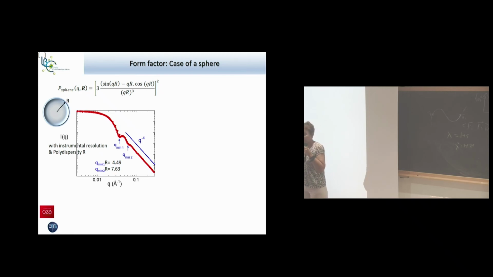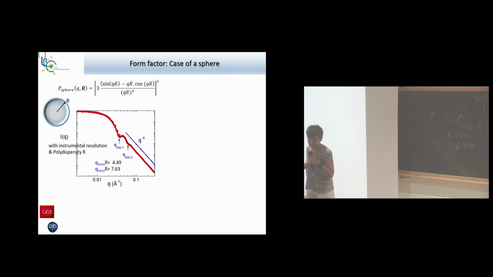But the instrumental resolution we know, because you know the distribution of the wavelengths of neutrons, or the distribution of the wavelengths of X-ray, which is very narrow for X-ray, but with neutrons it's not so narrow. We know the size of the beam, so we know exactly what the resolution is. The only parameter that we don't know is the polydispersity of the sample.